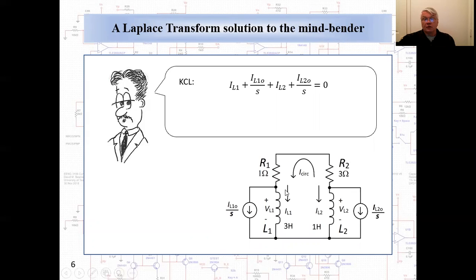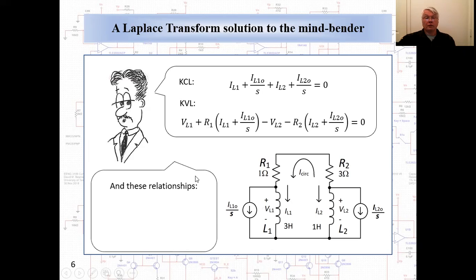Kirchhoff's current law tells us that the sum of the current in L1 plus the initial current step source plus the current in L2 plus the initial current step source must equal 0. And Kirchhoff's voltage law tells us that the voltage across L1 plus the voltage across R1 minus the voltage across L2 minus the voltage across R2 must sum to 0.